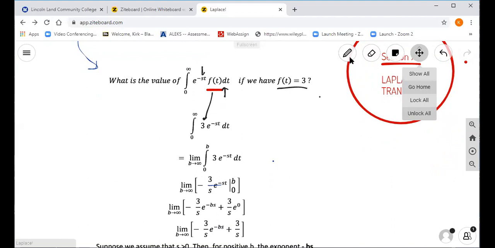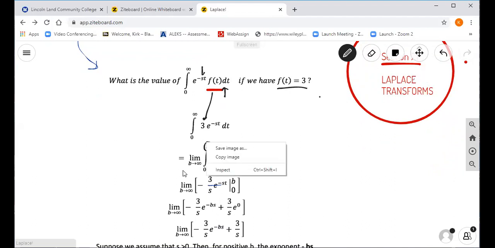You might remember that what this really is, is a limit. If we replace that upper limit with, say, b, we ask, what is the limit of that integral as b goes to infinity? That's our interpretation of the meaning of that improper integral.